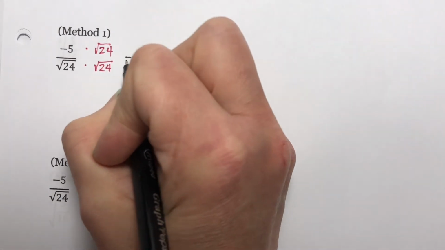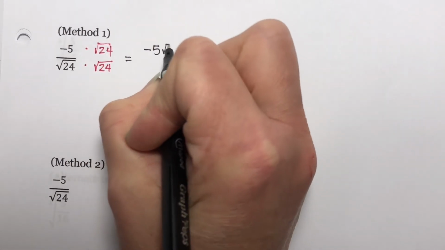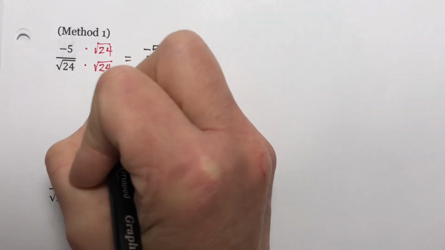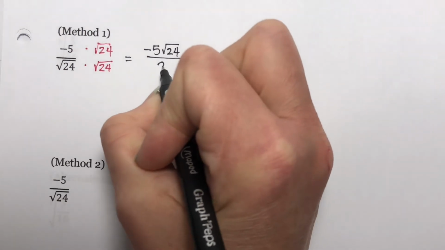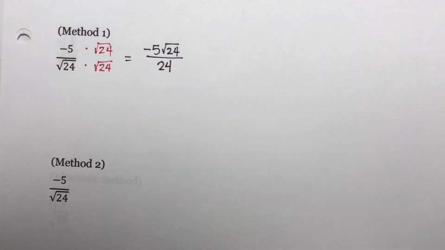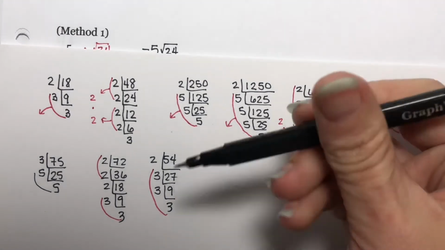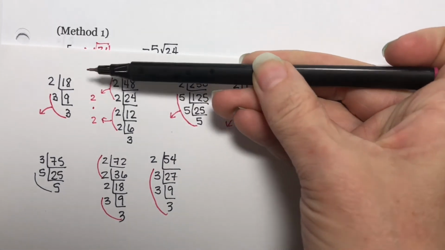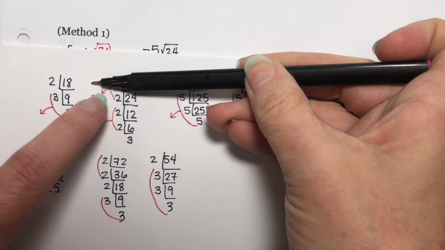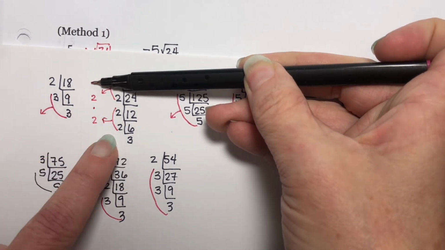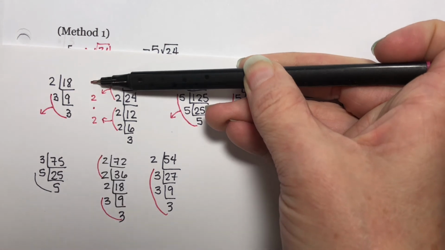So this would be the same thing as negative 5 times the square root of 24, and this is going to be over, remember, when you're multiplying a radical by itself, you get what's the radicand, what's underneath. So that's just 24. Okay, so let's see if the square root of 24 will simplify. I've told you that it does, but look right here in this one. If I cover up that 48, I have 2 times the square root of 6 because I have a pair of 2's and then I have a 2 and a 3 left over, so they get multiplied back.